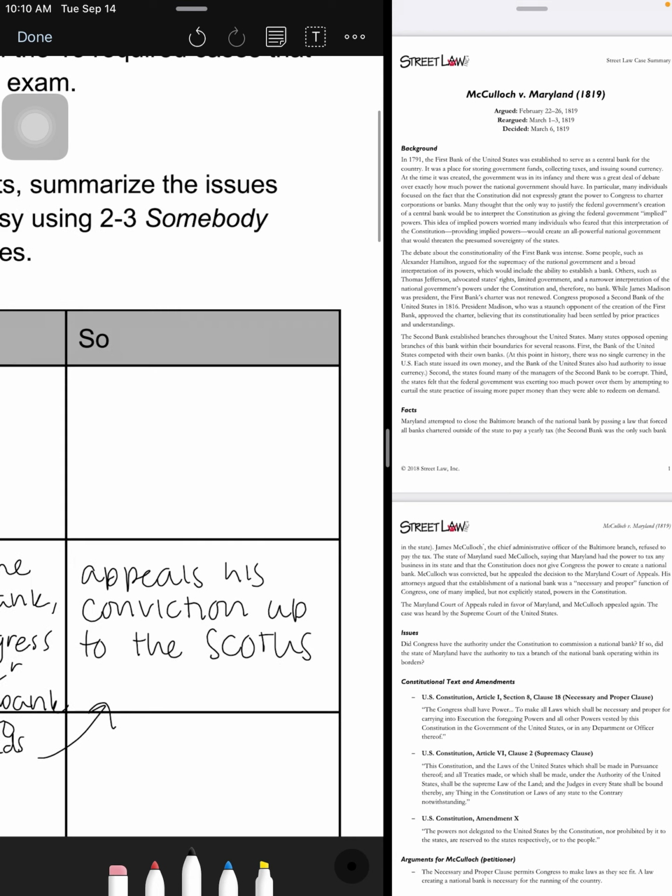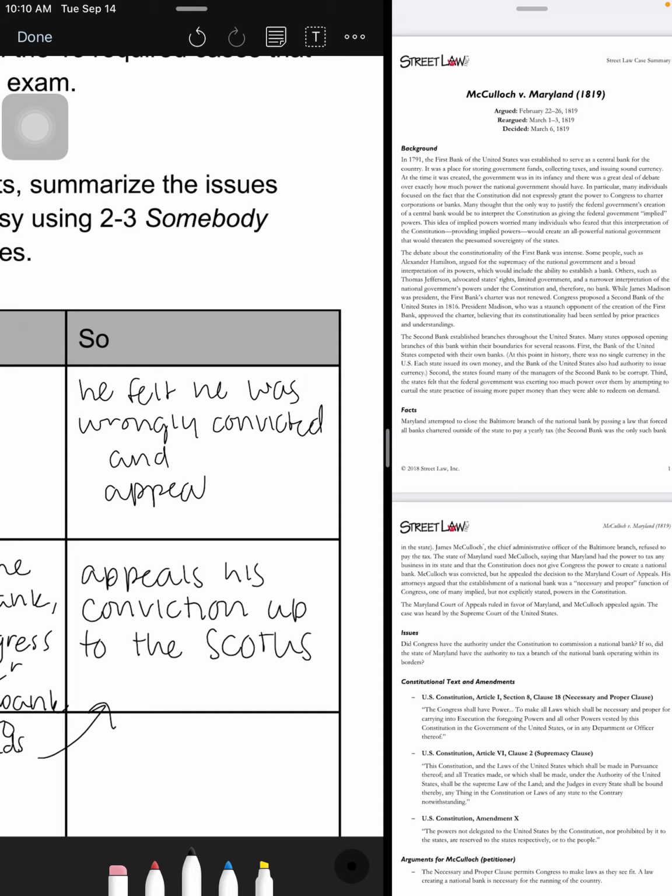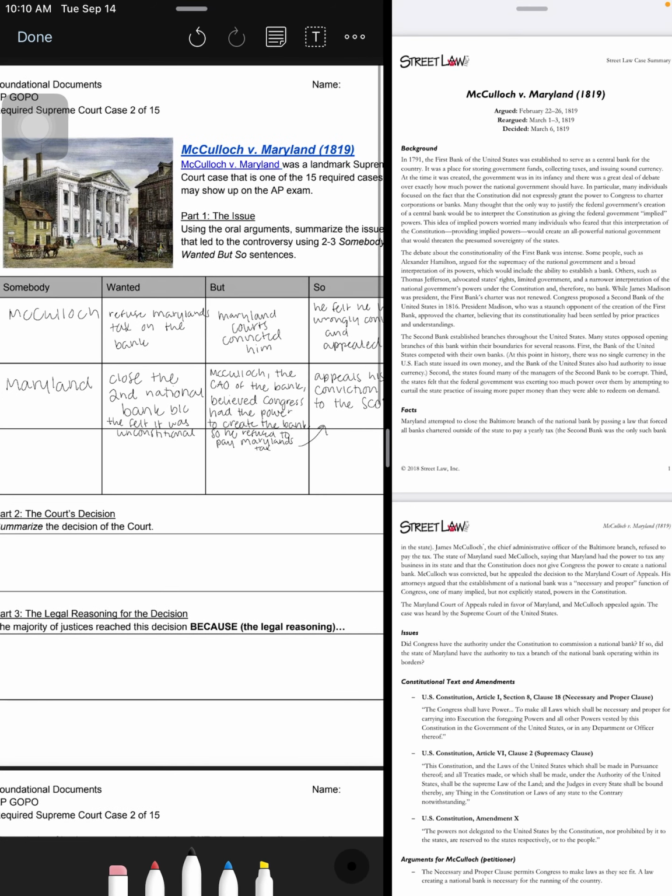And so he felt he was wrongly convicted, and appealed. Okay. All right, so something along those lines.